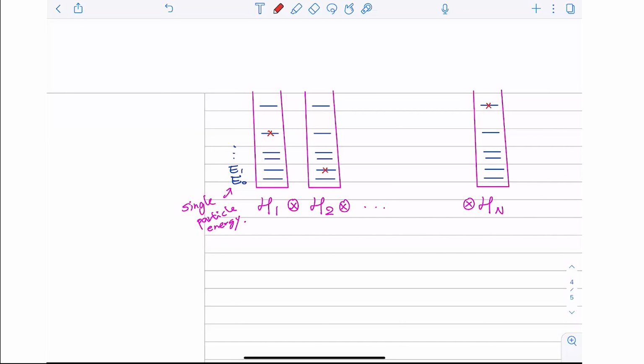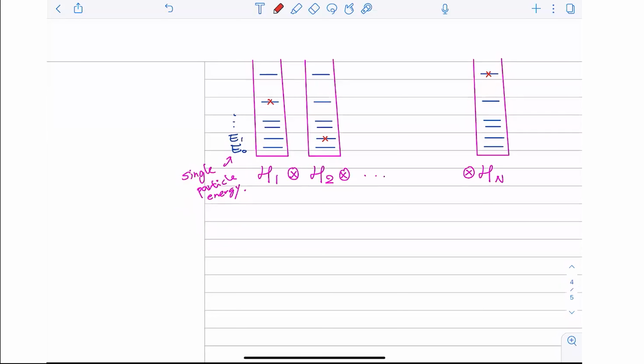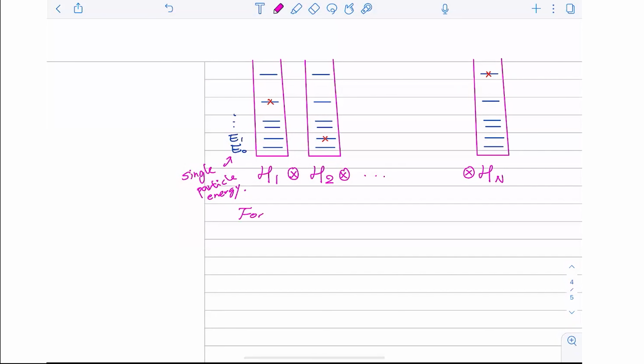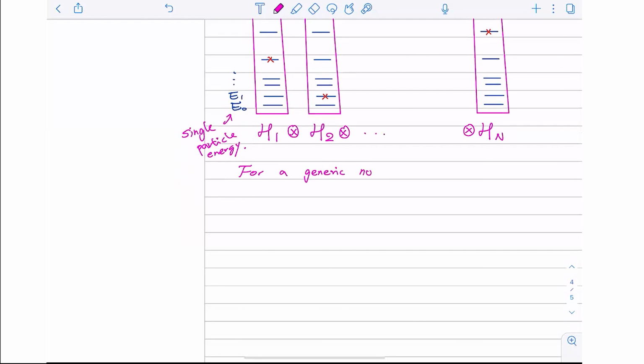Okay, so this kind of expression is for a generic non-interacting many particle system.